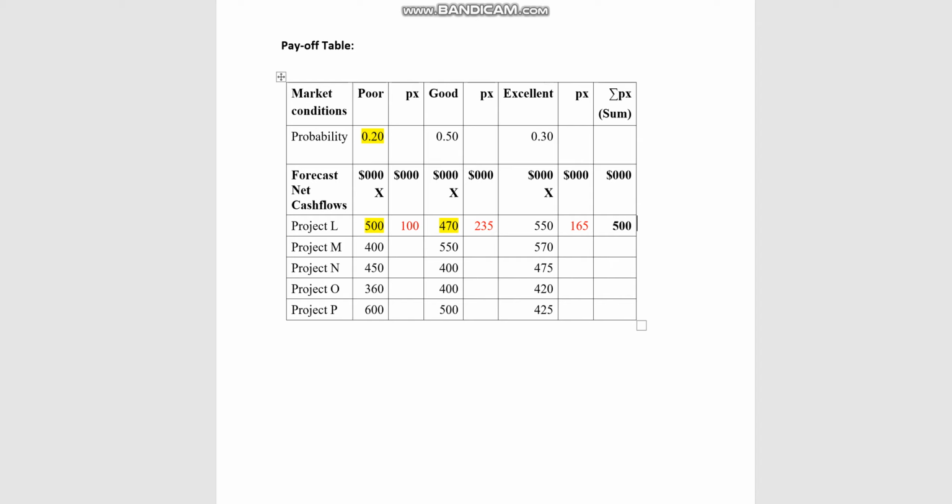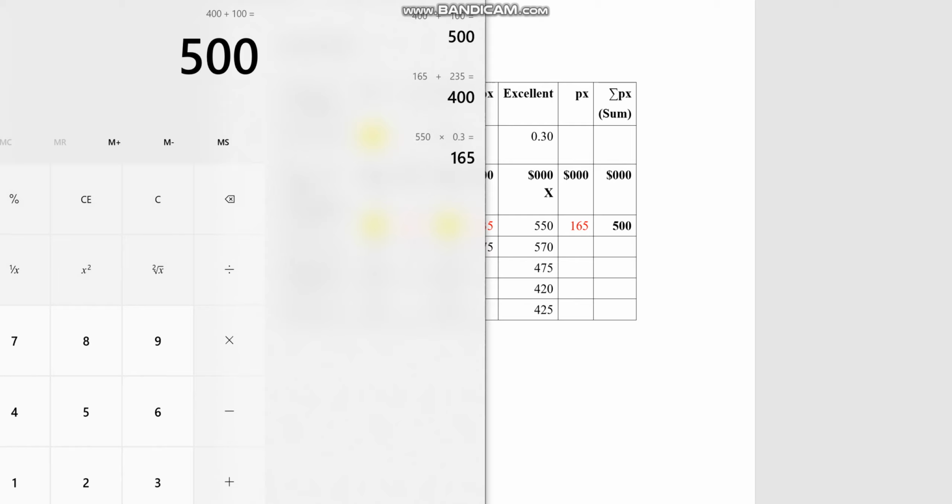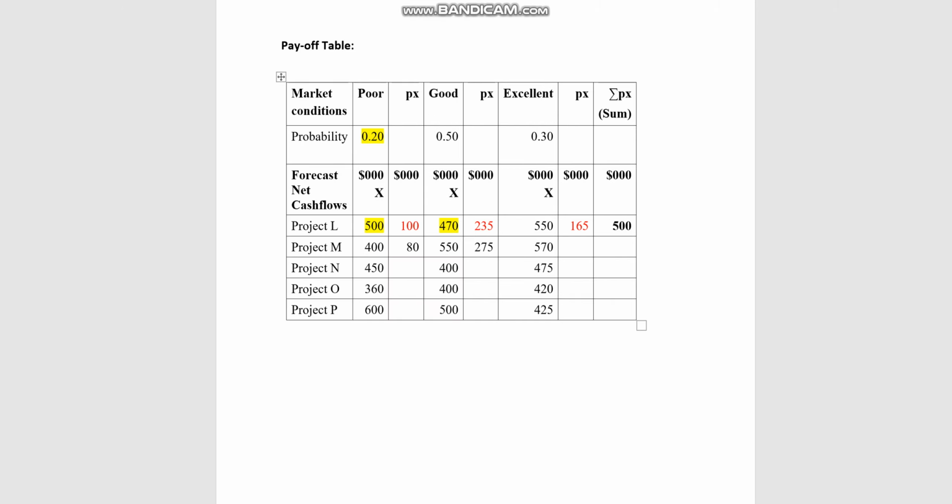Now let's have a look at project M. Project M is 400 times 0.2, which gives me 80. Then 0.5 into 550, which is 275, and then 0.3 into 570, here you go, 171.